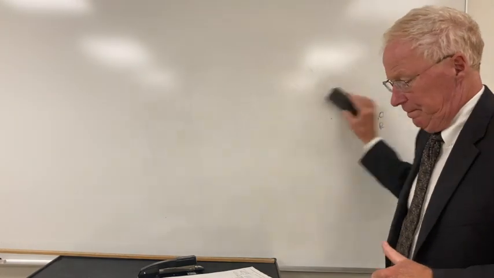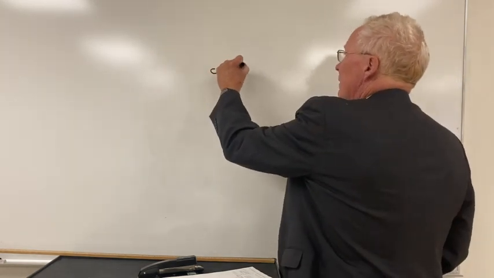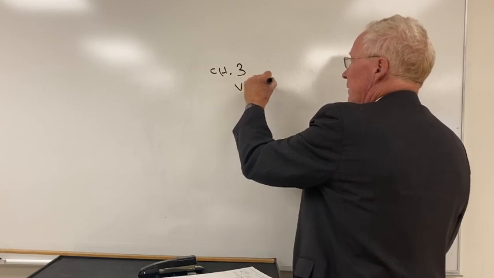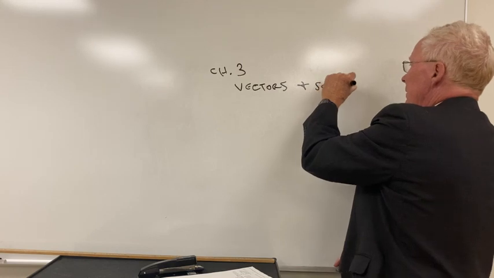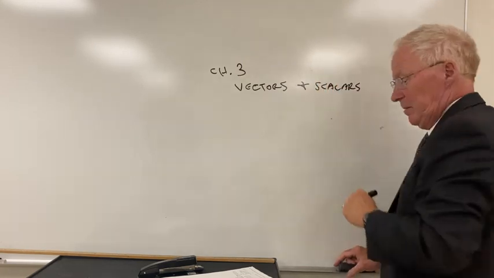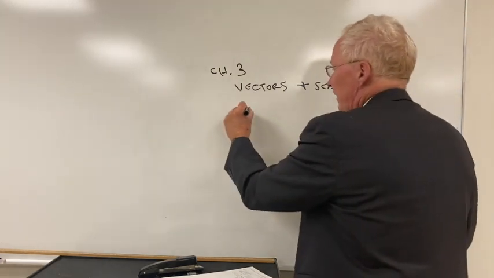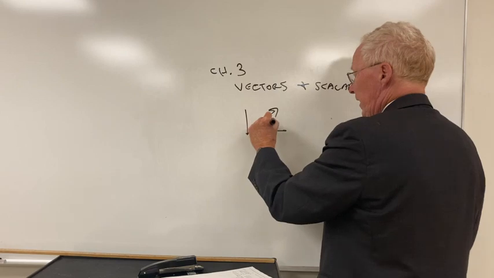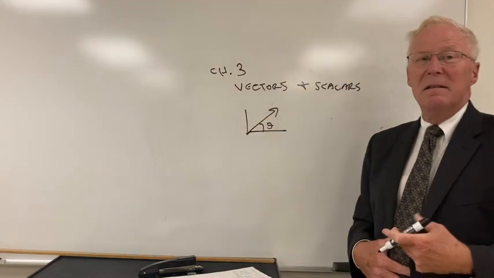So, on chapter 3, first part is on vectors and scalars. All right, the difference between the two, what we mean by vector, we define a vector as having a magnitude, a length, and an angle defined relative to the x-axis.